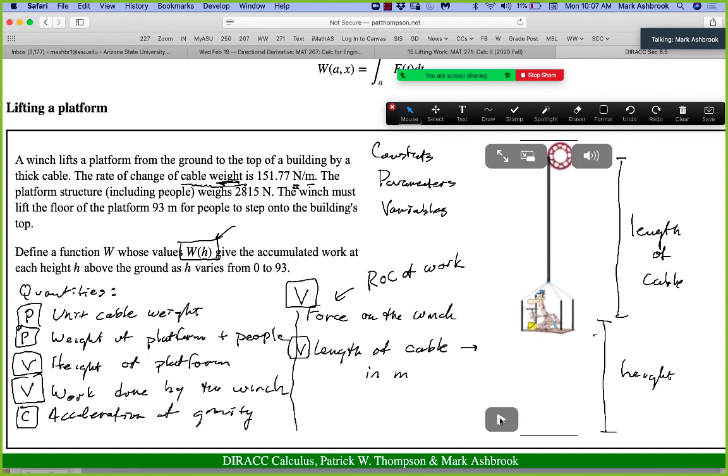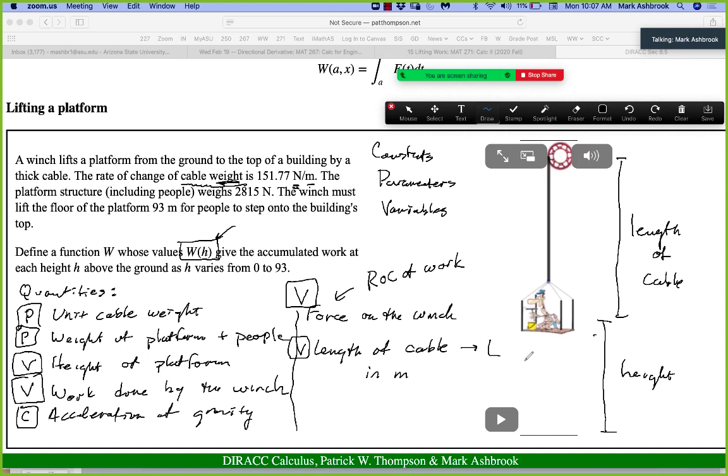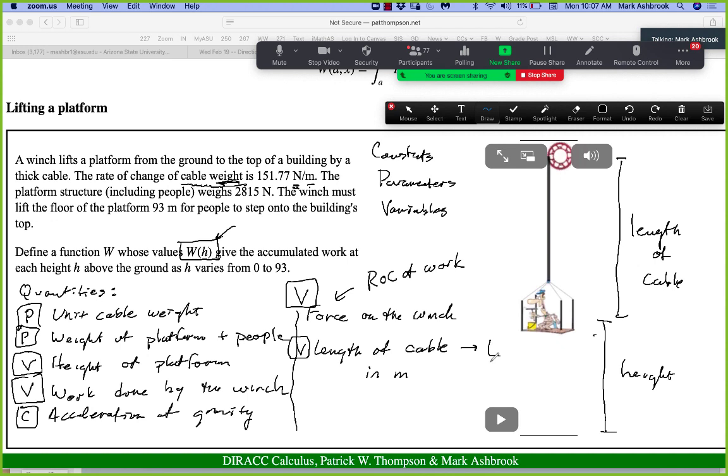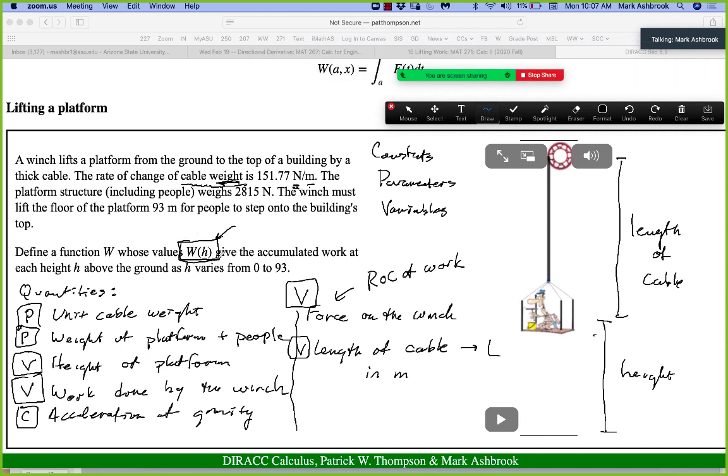I'm going to pause live here for a sec. So length of the cable we'll call L. And then what about the force on the winch? What symbols? We've already got some symbols ready for us here. The height of the platform, they're calling little h for us. So length of the cable we'll call big L. Height of the platform will be h.